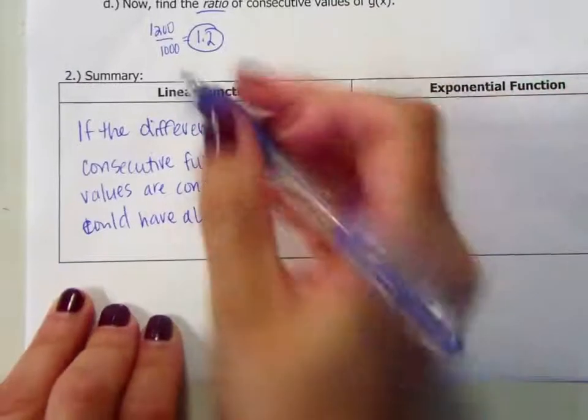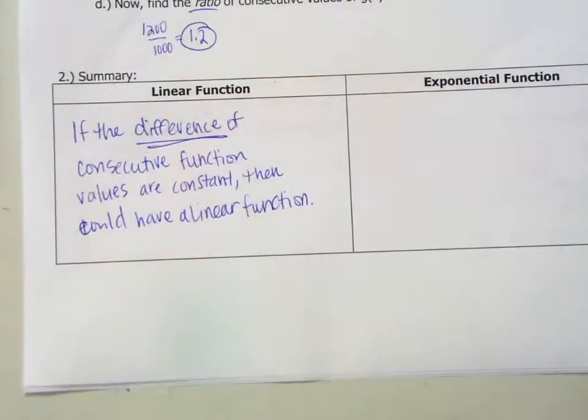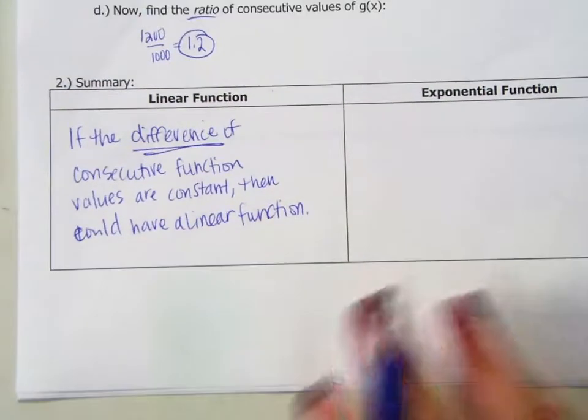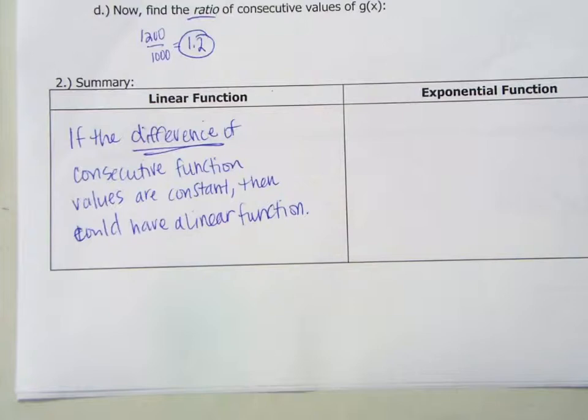Like we saw with function f of x, the difference of our consecutive function values were constant. Just based on what we're given in the table, we would assume that's a linear function. We probably aren't given all of the function values. That's why we put that could be. But just based on what we are given, we would assume that's a linear function.